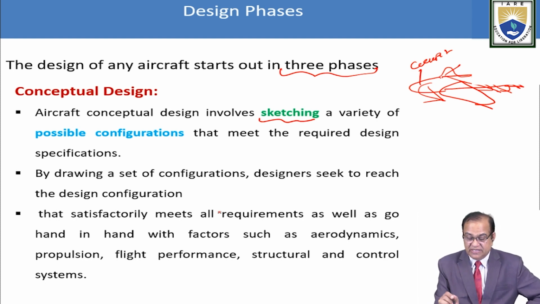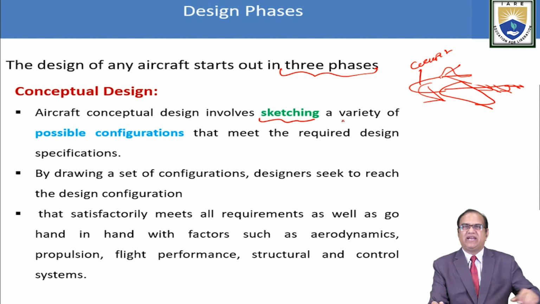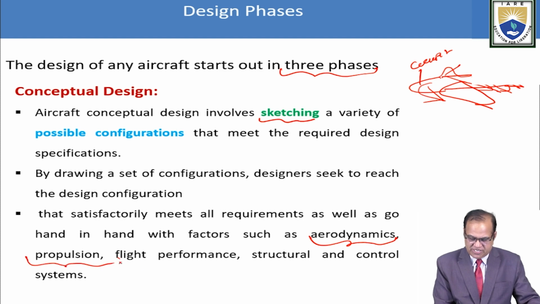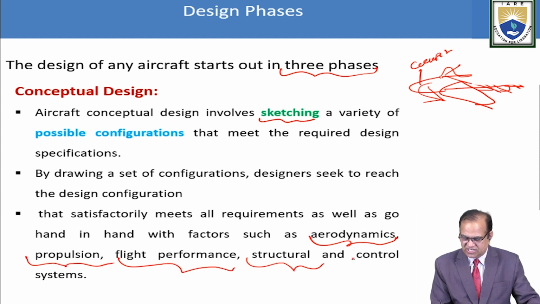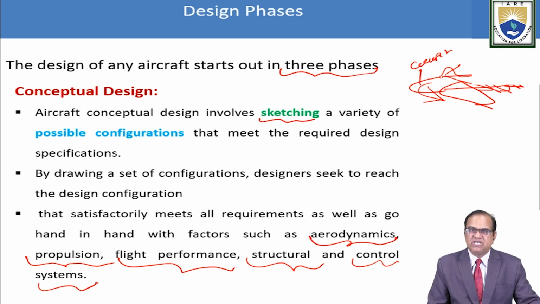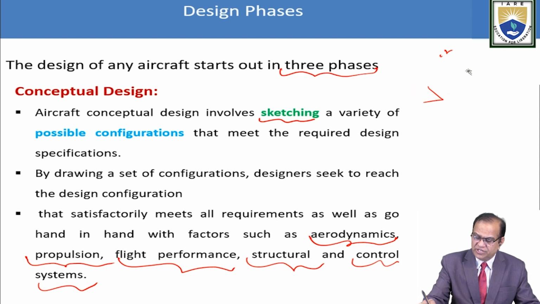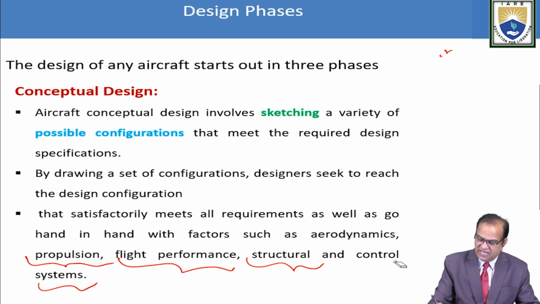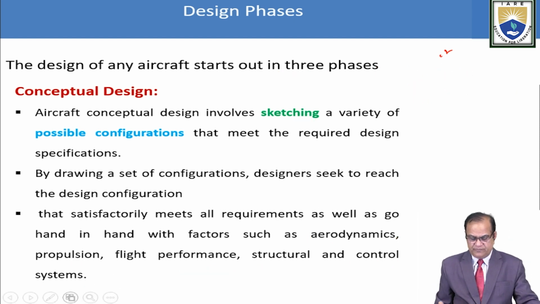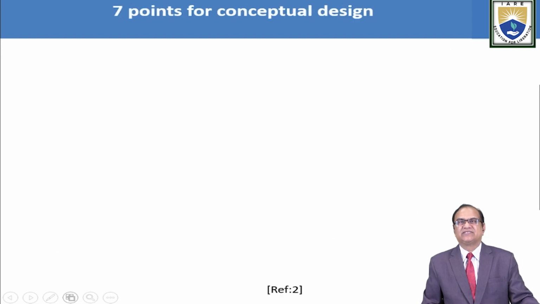So this sketch which you have made should be validated with the help of theory like aerodynamics, propulsion, flight performance, structures, and the control system. These parameters you have to see. Accordingly, you have to draft your design figure, and only then should you try to develop things.